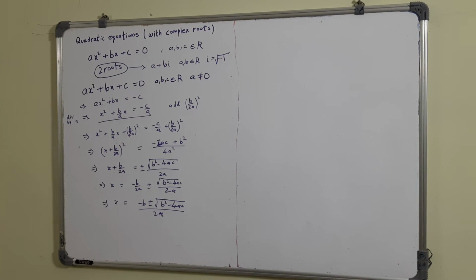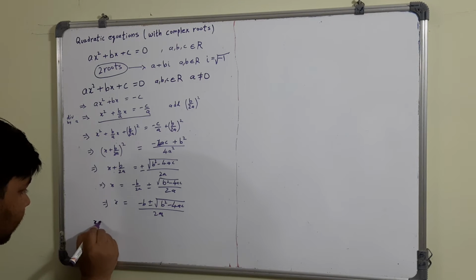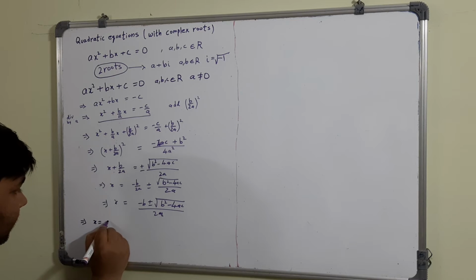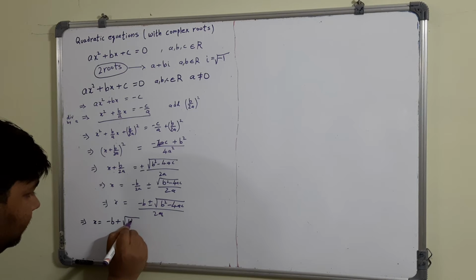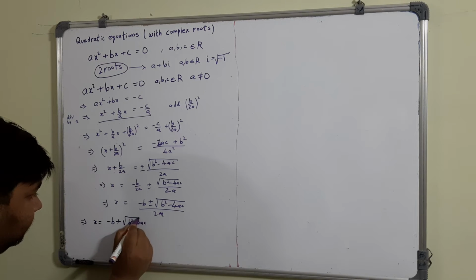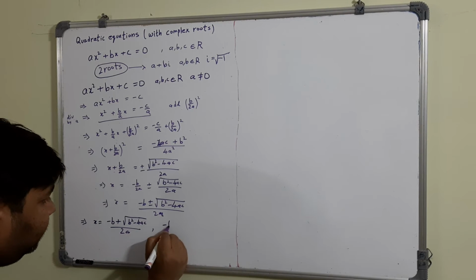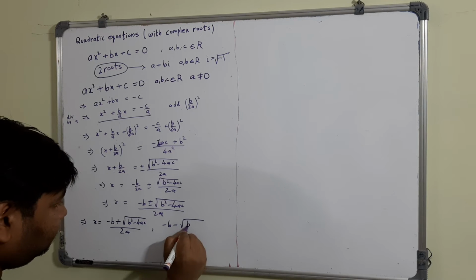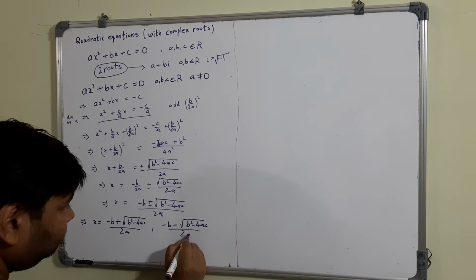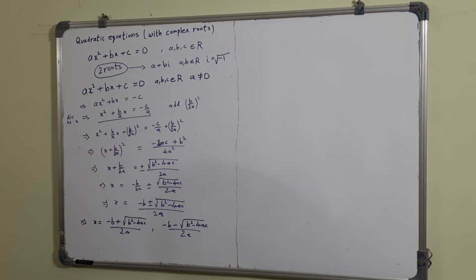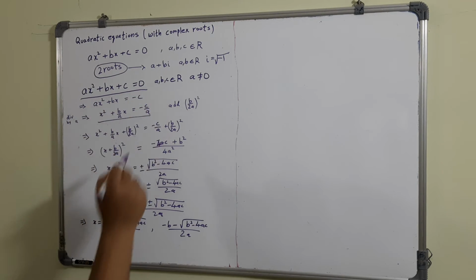Let me put it in this form: x equals minus b plus root of b square minus 4ac by 2a, comma, minus b minus root of b square minus 4ac by 2a. So these are the two roots of this quadratic equation ax square plus bx plus c equals 0.